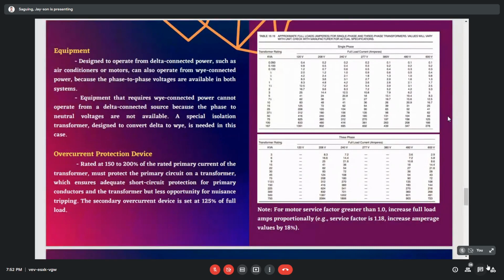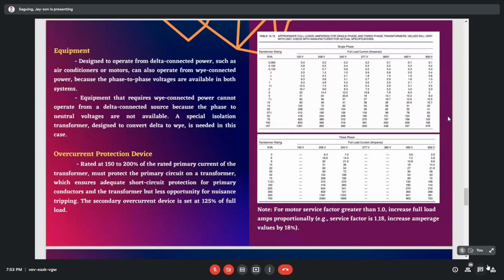Usually the transformer used is 3-phase. 3-phase is full voltage and good, so it can carry a large current. Likewise for single phase, but single phase is usually found in homes. Equipment designed to operate from delta connected power, such as air conditioners or motors, can also operate from Y connected power because the phase-to-phase voltages are available in both systems.